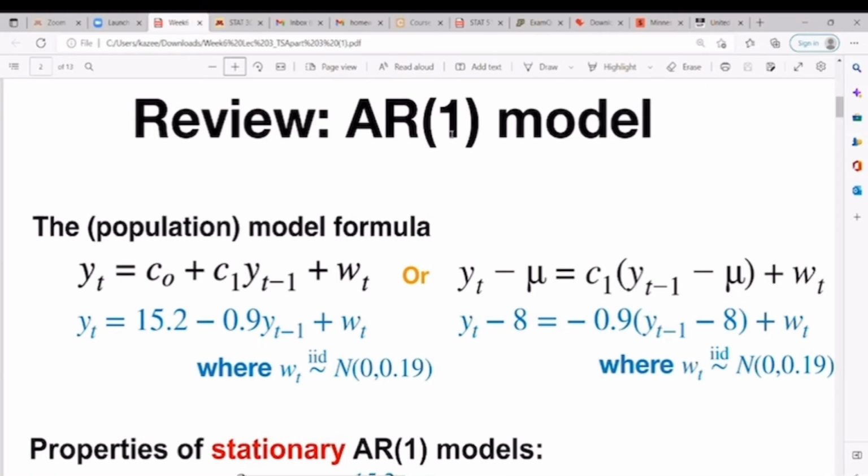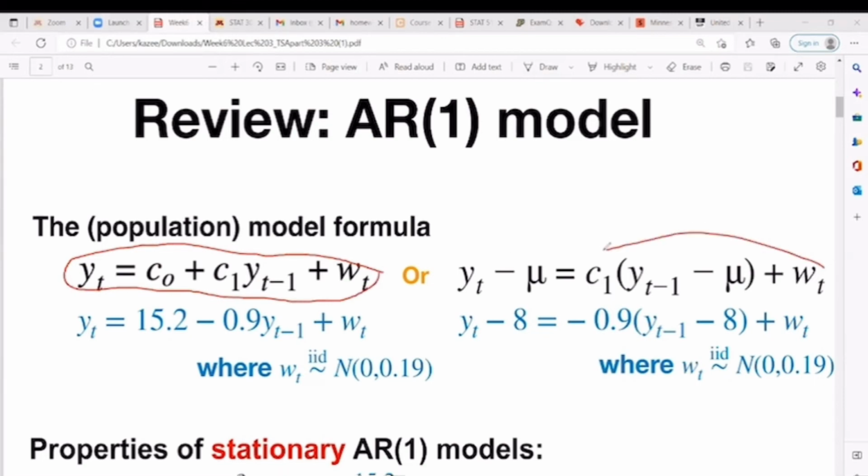The other time I also showed you the formula of the autoregressive model of order 1. I told you we can write it this way, and we can also write it this way. Writing it in this way, we are subtracting the mean. This is the mean of the model.